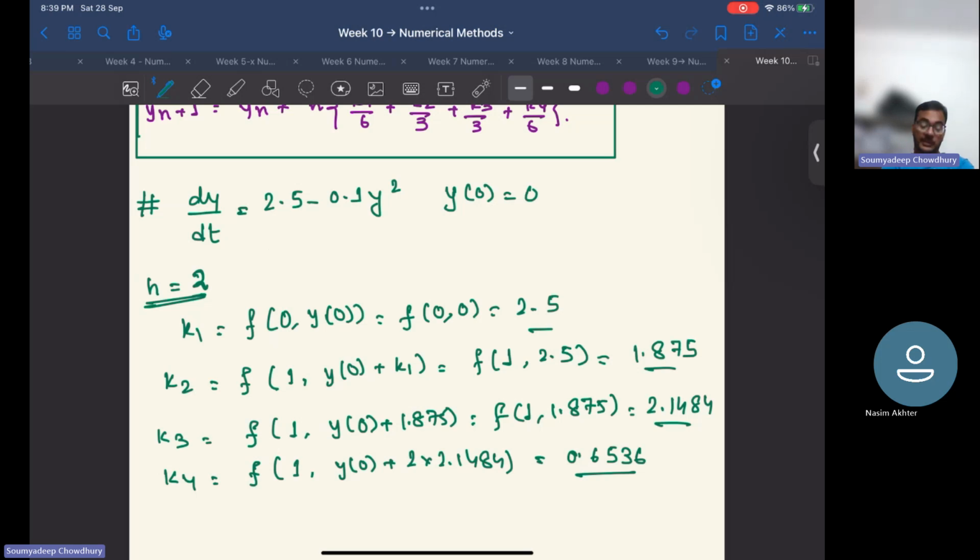So 2 more classes are remaining, right? Next Saturday I'll take the class, but next to next Saturday I'll not be taking. I'll be compensating it in that week, Monday most probably. That I'll inform you. And one extra class I will take, on 19th of this October. There I'll be discussing how we can solve all these techniques in MATLAB.